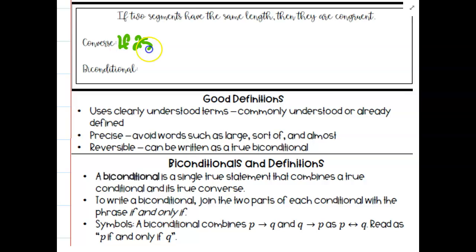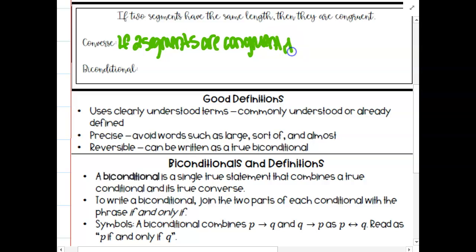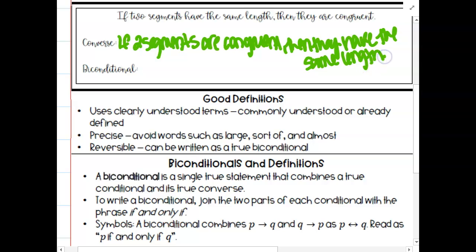If two segments are congruent, then they have the same length.